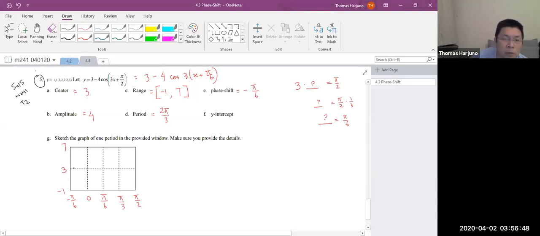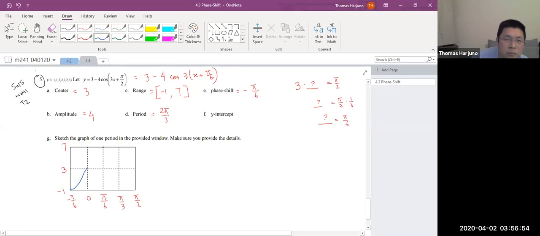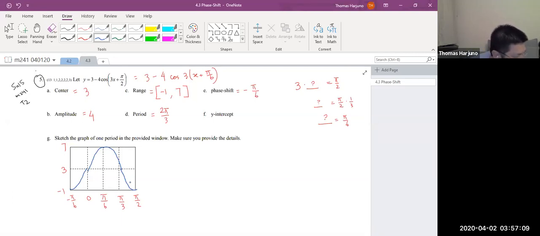So do I start from the top, middle, or bottom? Bottom. Start from the bottom. Like that. Okay. So we are basically done with what I need to do with these 4.2 and 4.3.